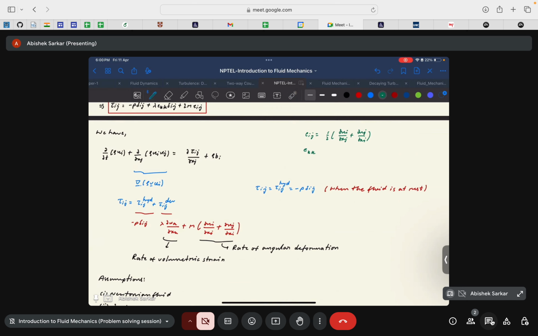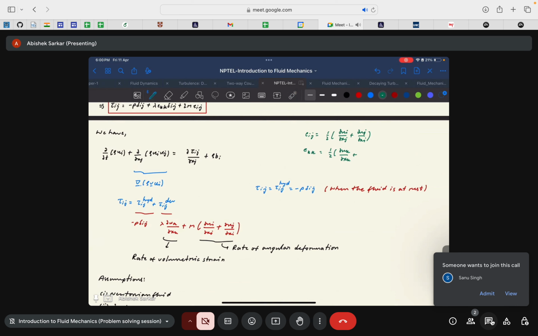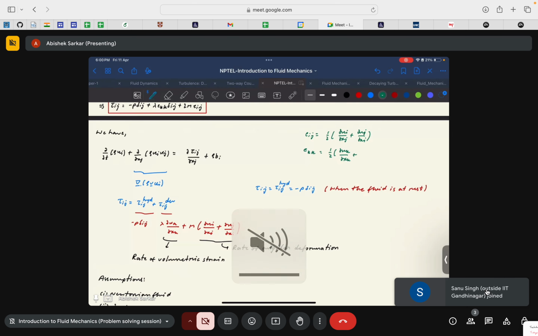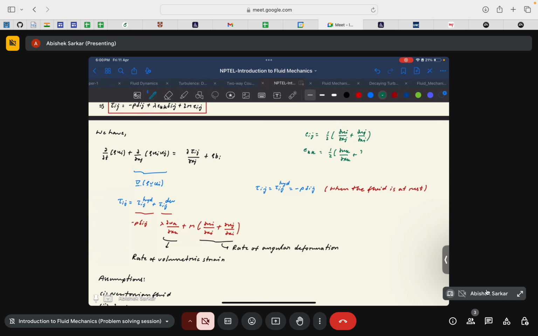If I write e_kk, it will mean half of dou u_k by dou x_k plus dou u_k by dou x_k. It will sum up, and you are left with dou u_k by dou x_k.